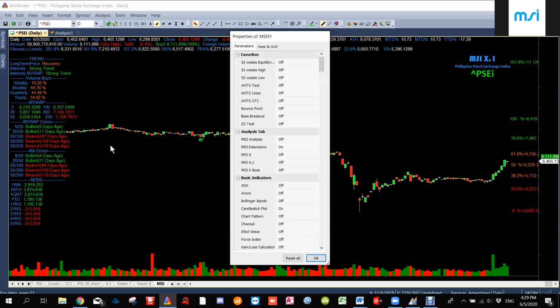And then, we have the volume weight average price ng monthly. Okay. And we have crossovers. And we have net foreign buy and sell volumes dito sa baba. Okay.